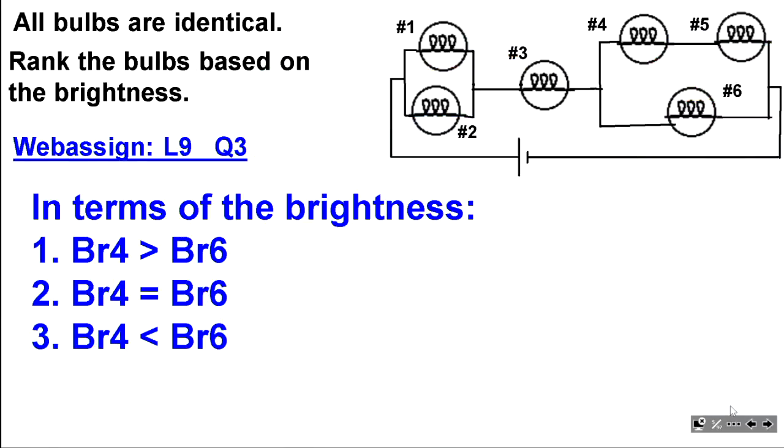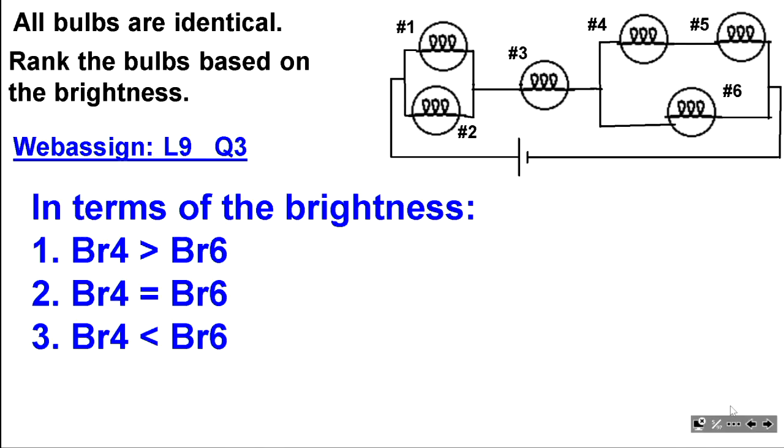Question. So now, again, we have 6 identical bulbs connected in a certain way. Question is, what would you say about the brightness? Bulb 4 and bulb 6 connected. How?